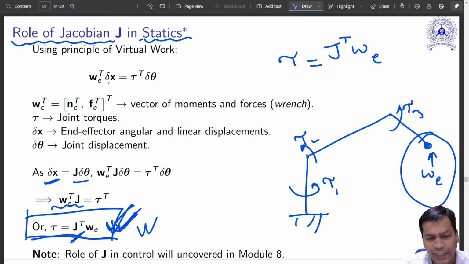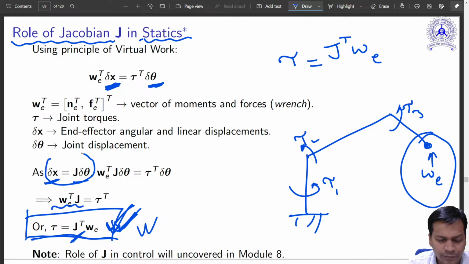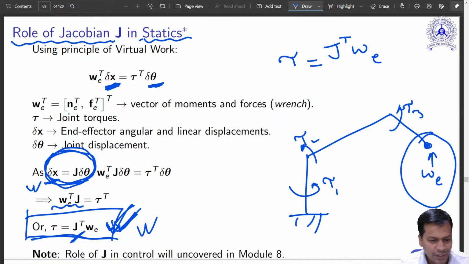It also relates joint velocities and end effector velocity. That means force is related by the Jacobian transpose, and velocity is related by the Jacobian.